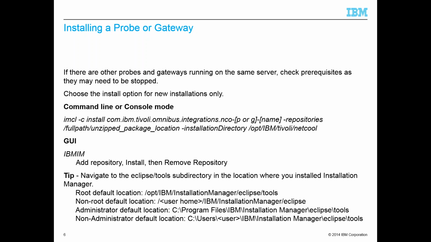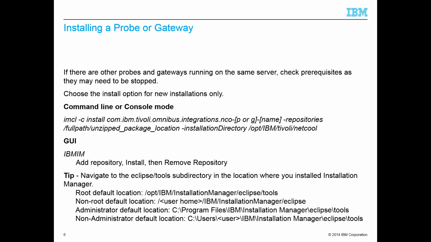And here's a tip on where to find the IMCL command and the IBM IM command. For IMCL, navigate to the eclipse/tools subdirectory in the location where you installed the Installation Manager. IBM IM is just under the eclipse directory. The root default location for Installation Manager is /opt/IBM/InstallationManager/eclipse/tools.